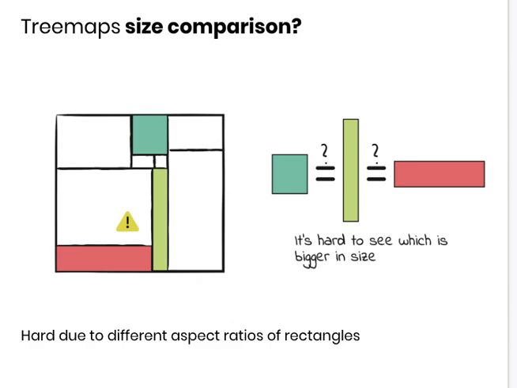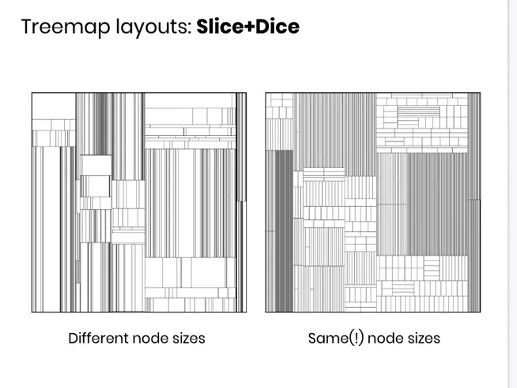So this problem is really related to how you create the divisions and subdivisions in tree maps. There are many different approaches, and there's a lot of literature on how to generate a good layout for tree maps. On the left one, for example, this is an approach called slice and dice, which I'm not going into detail here.